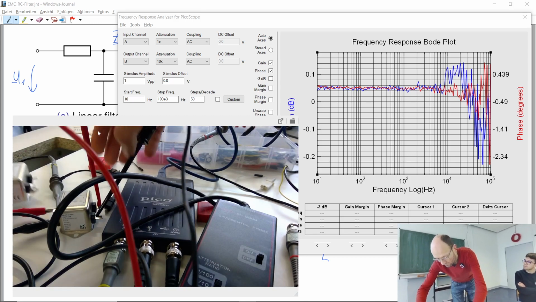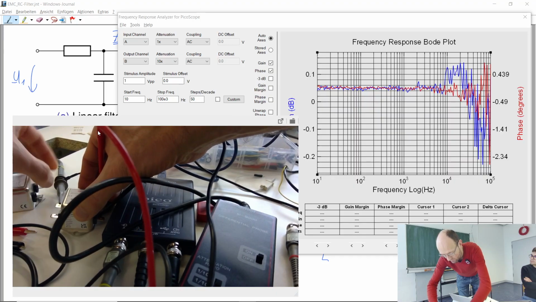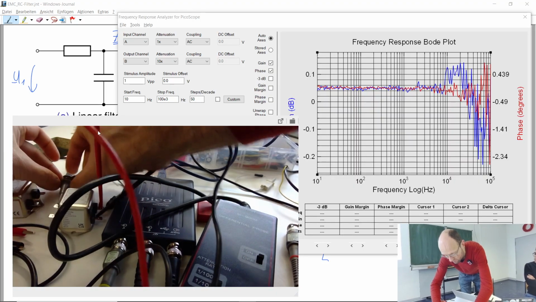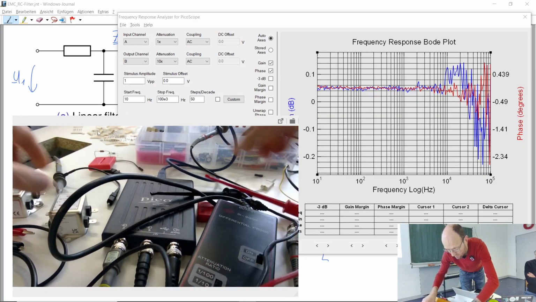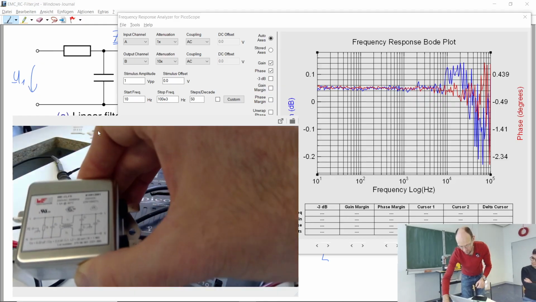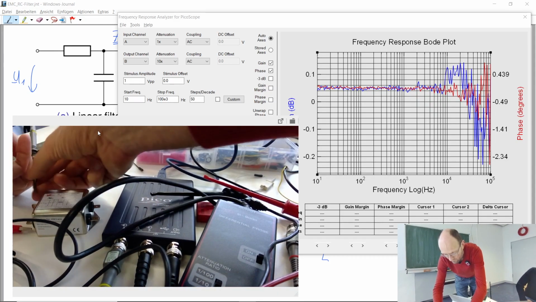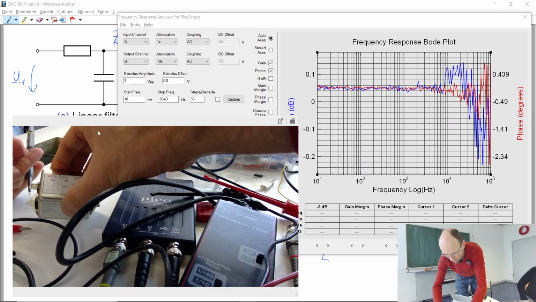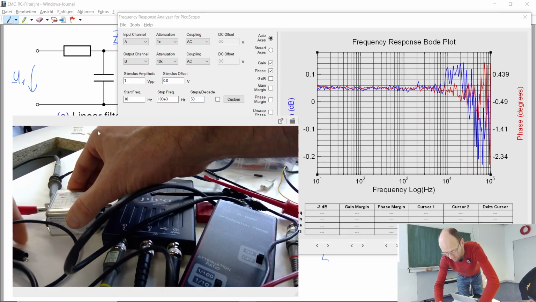Okay, then last experiment, I will disconnect everything once again. And as some last thing, we can, as said, measure this filter. So the probe to measure the input voltage needs to be connected. The source needs to be connected.